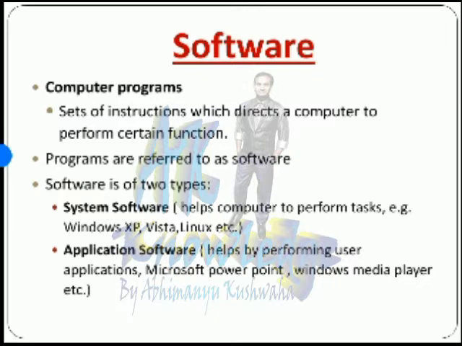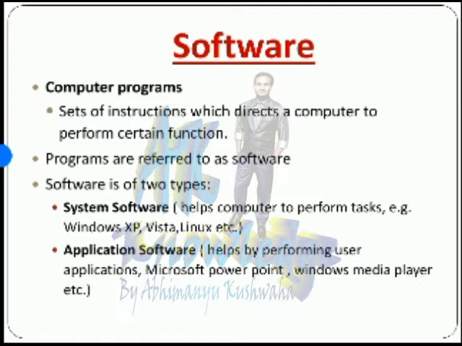Small instructions. The combination of instructions is called a program, and the combination of programs is called software. We can easily understand that a combination of programs is called software. This is the complete definition.